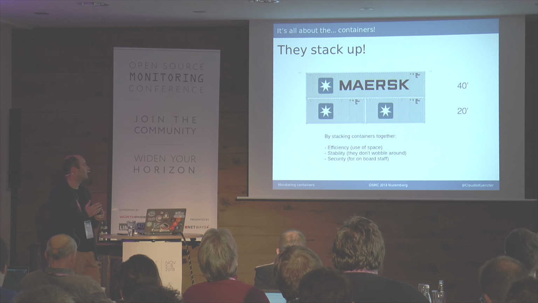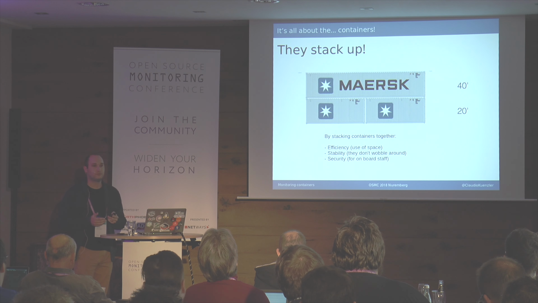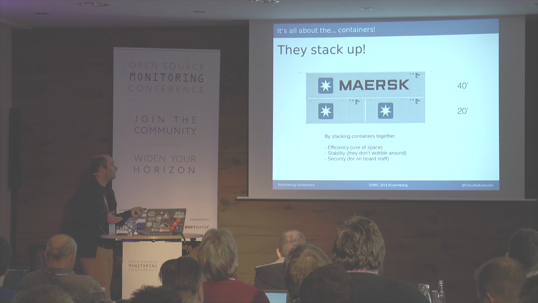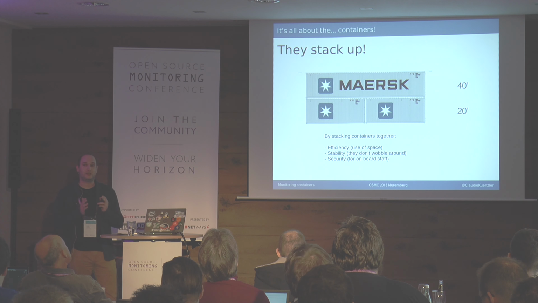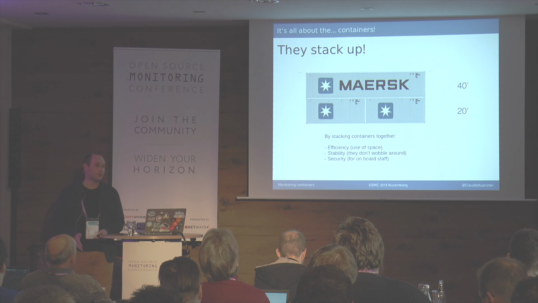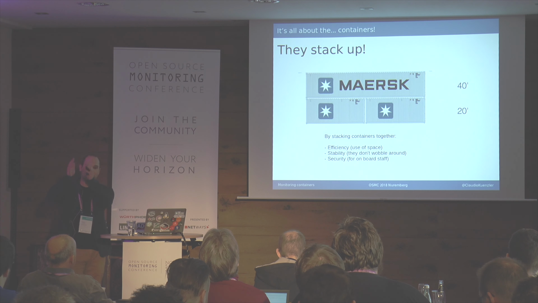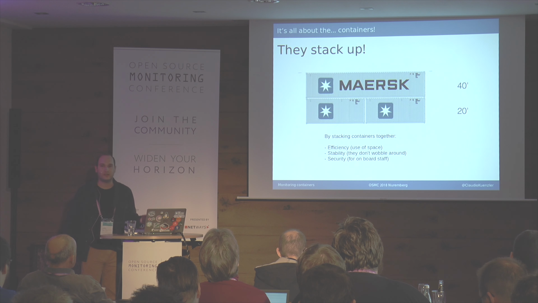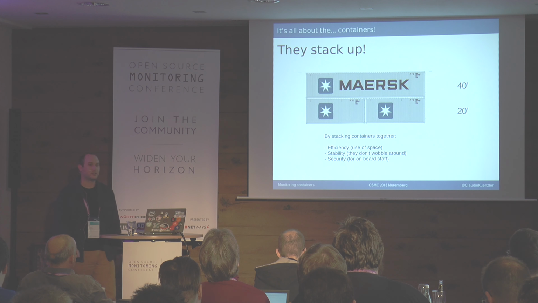Stacking them together gives us some benefits on the vessel. There is efficiency. We eliminate use of space between the containers, so more containers on the ship. And we have stability. They don't wobble around as if you would just make one large tower of a container. So stability also equals security for the staff working on board. So they're not like a container falling on the people working on the ship.